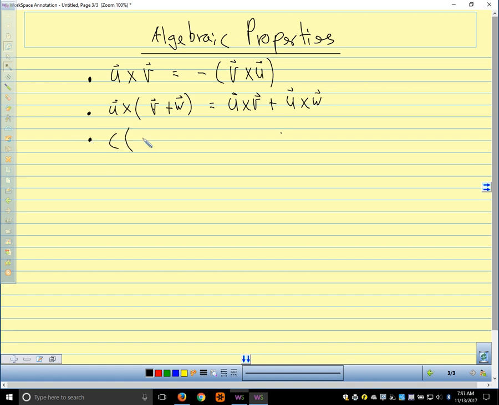A scalar times a cross product is the scalar times either of the vectors crossed with the other.